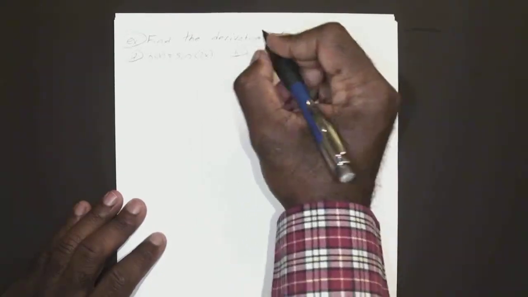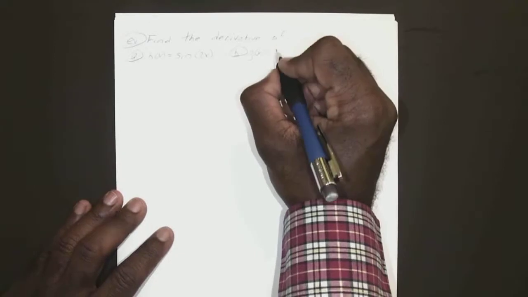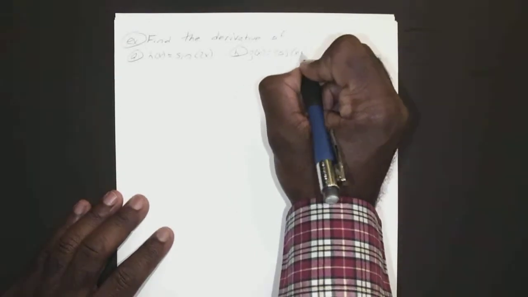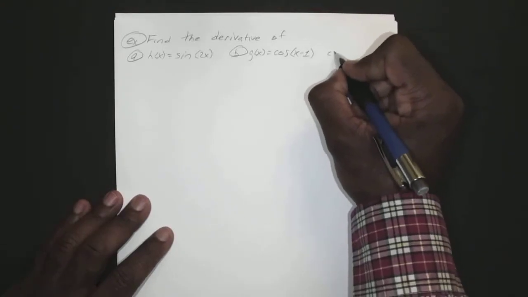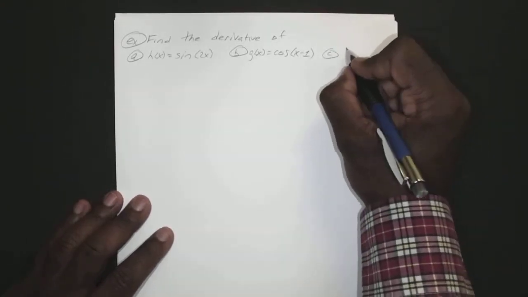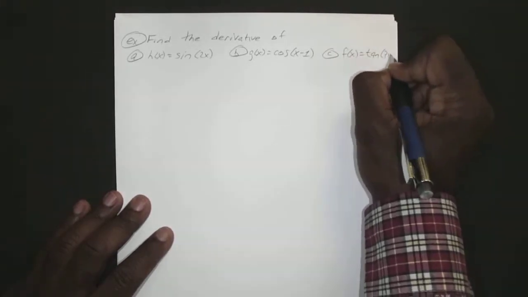Say for problem B, let's say g of x is equal to cosine of x minus 1. And let's say for C, f of x equals tangent of 3x.